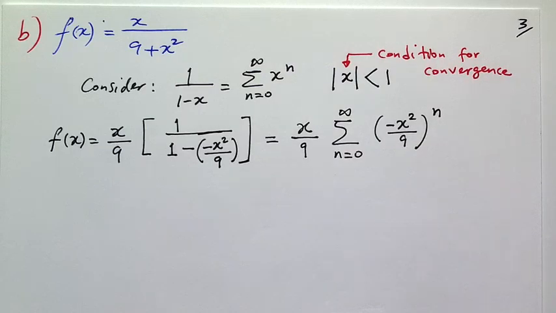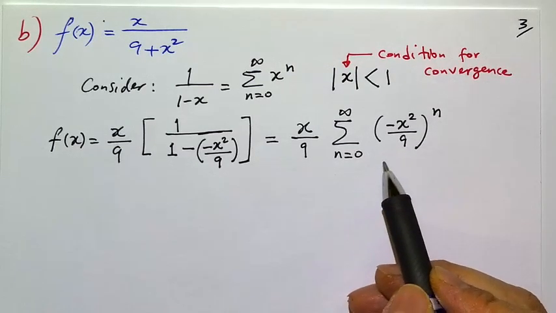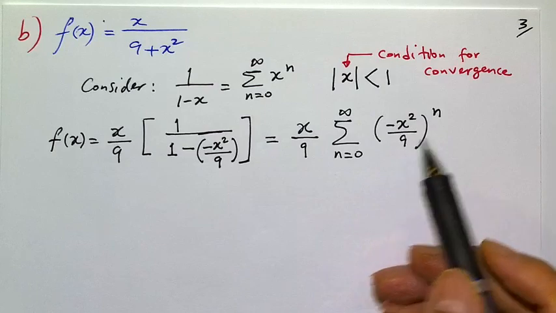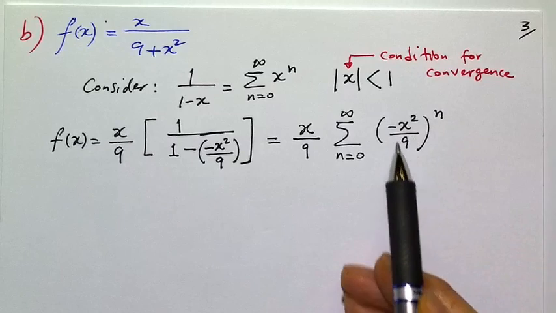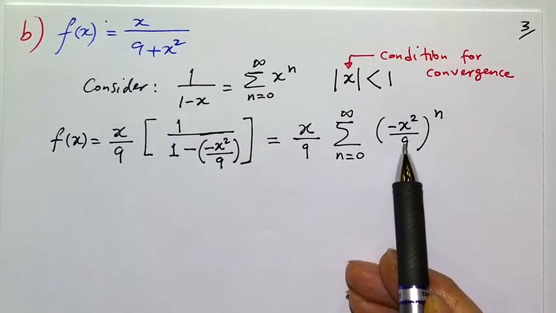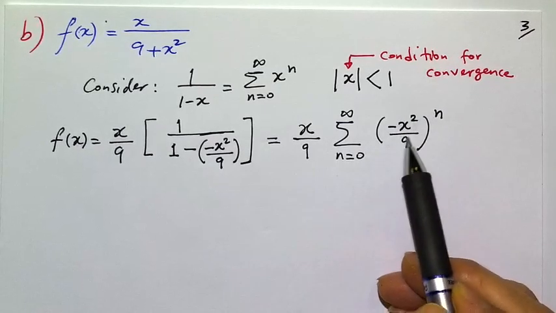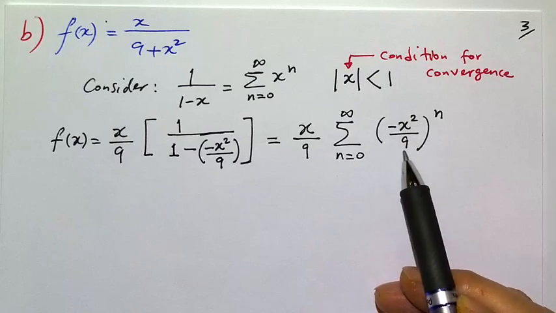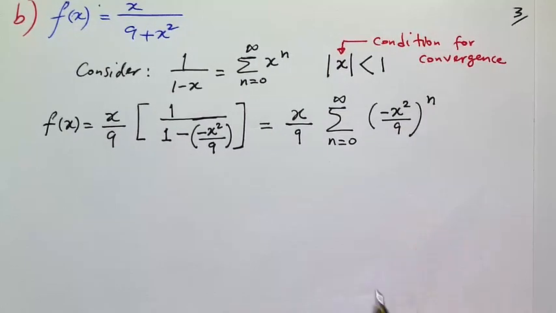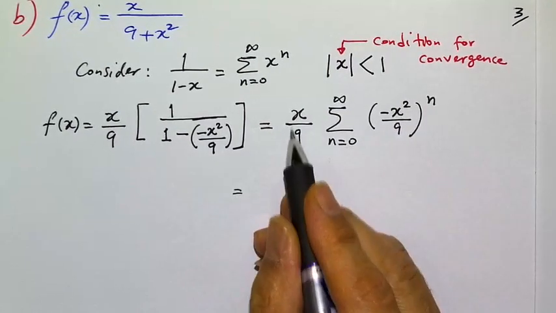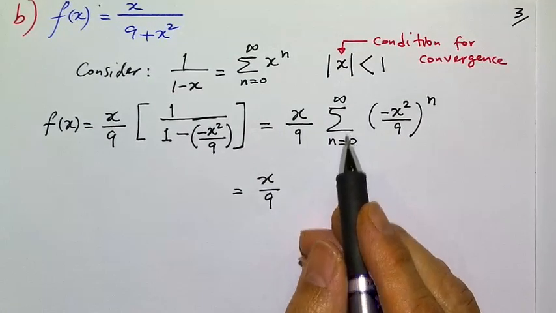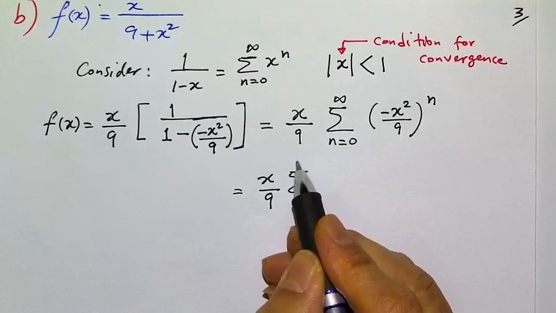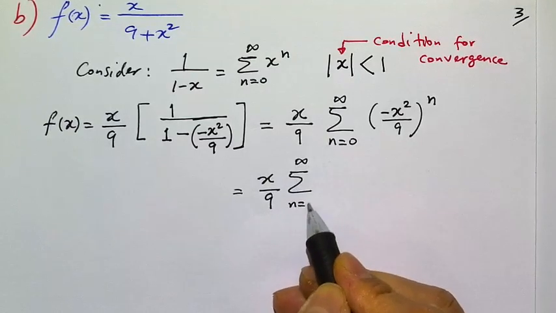Okay, so can we simplify this a little bit? Yes, we can. But right away, we can obtain the radius of convergence right from the get-go, right? This is sufficient for us to determine the radius of convergence. But let's simplify this a little bit. So we have x over 9 in front, and then we have the series notation.